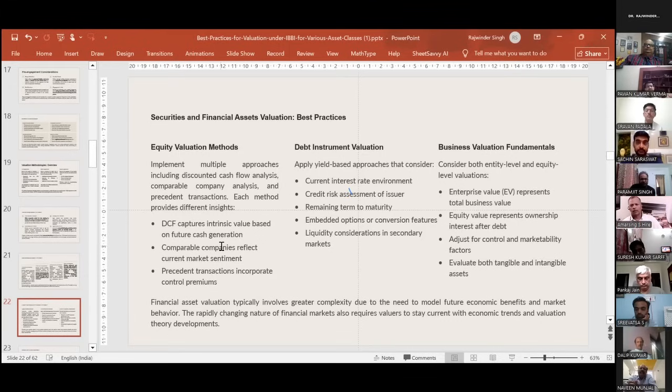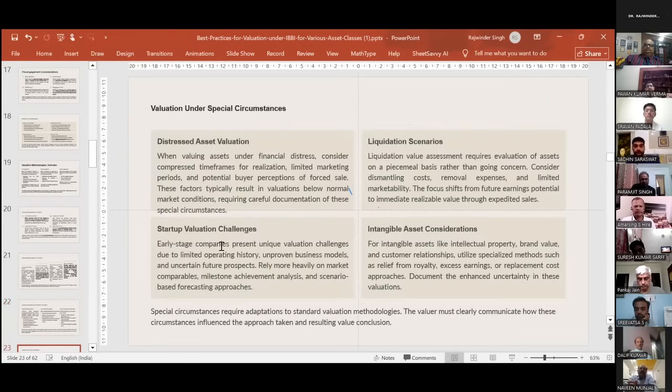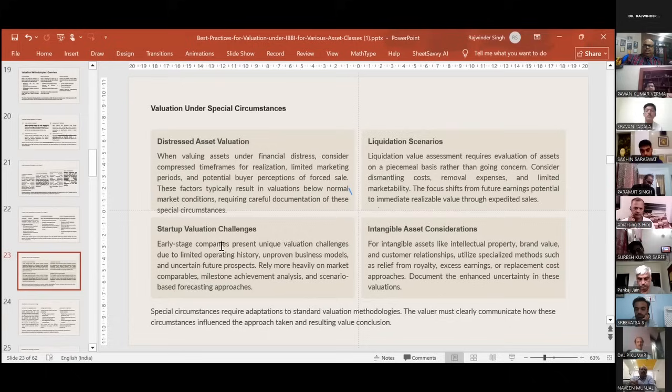Then you may have to do valuation under special circumstances, such as when you are doing valuation of distressed assets, under a liquidation scenario, of startups, or by taking into consideration the intangible part of the asset.